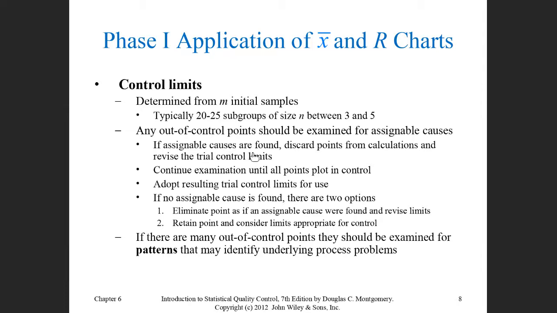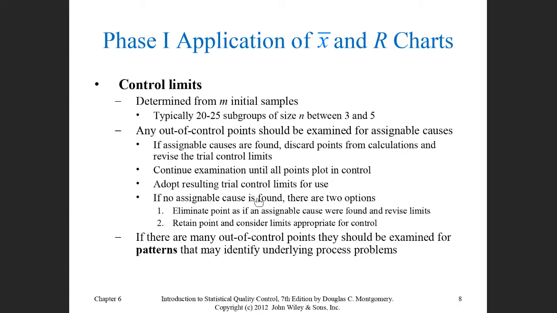So the first step when you find an out of control point is to check what the reason is, maybe a machine failure, or something went wrong in a transaction of the system or the software application you are using to conduct the service, or the server went down. After you diagnose the reason, you remove the out of control point and redraw the control charts again. Continue examining until all points are in control, okay?